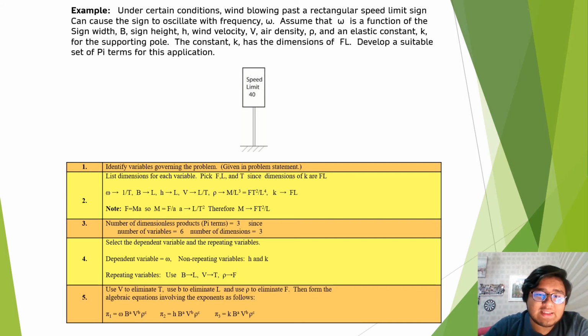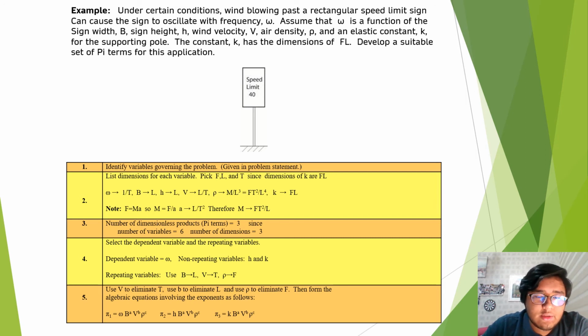So pick FLT, since the dimensions of K are FL. So you have to list all the dimensions for each variable: the frequency is 1 over T, B is L, H is L, and velocity, sorry, it's not volume, it's velocity, is L over T. So next, rho, which is the density, is equal to M over length cube.